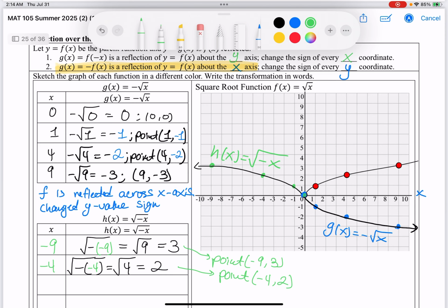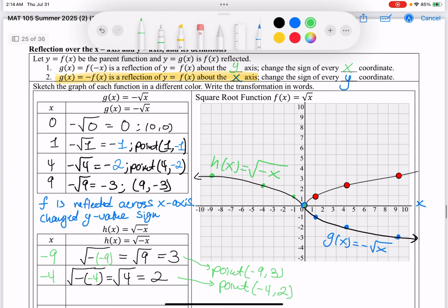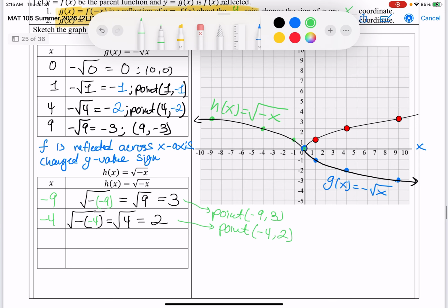And because of the negative, the x changes its sign. When the x changes its sign, it's a reflection across the y-axis. Let's highlight that part. Negative inside the parentheses, reflect across the y-axis. Negative outside the parentheses, reflection across the x-axis.